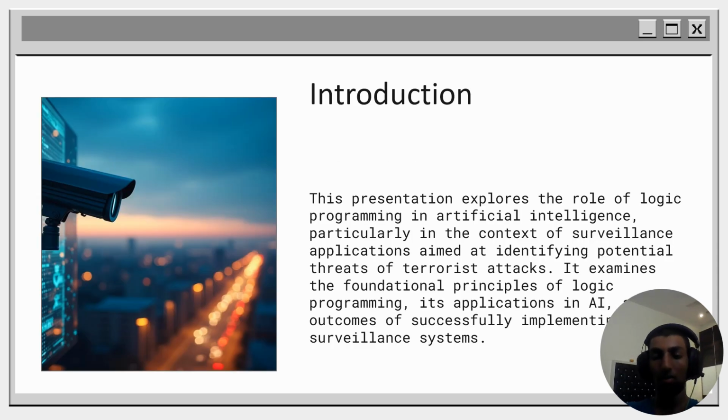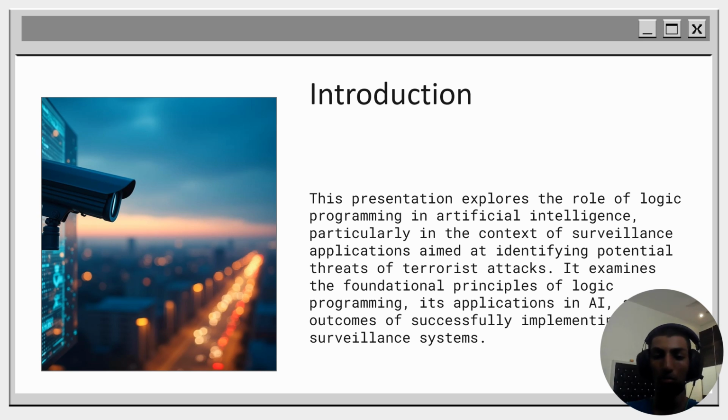Introduction. Surveillance systems are increasingly relying on AI to enhance security. Logical programming provides the foundation for these AI systems by allowing them to infer threats, recognize patterns, and predict potential attacks.